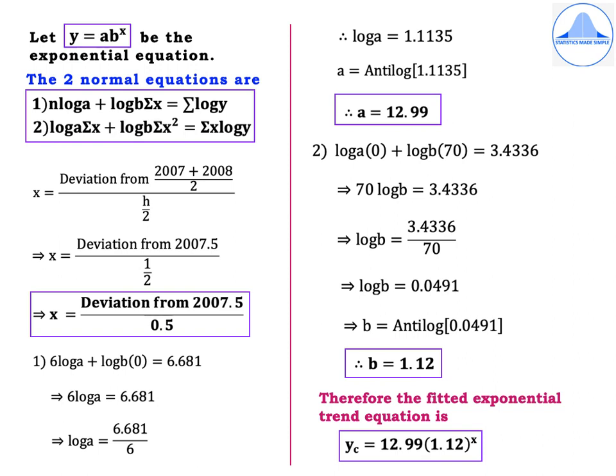Therefore, b is equal to 1.12. Therefore, the fitted exponential trend equation is yc equal to 12.99 into 1.12 to the power x.